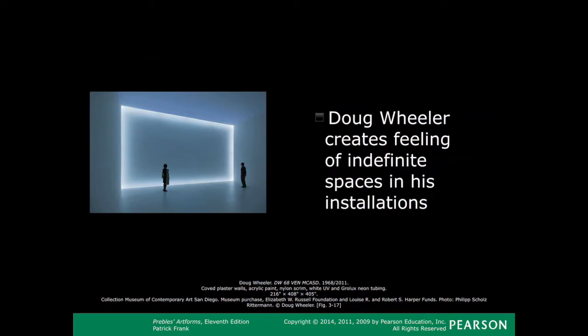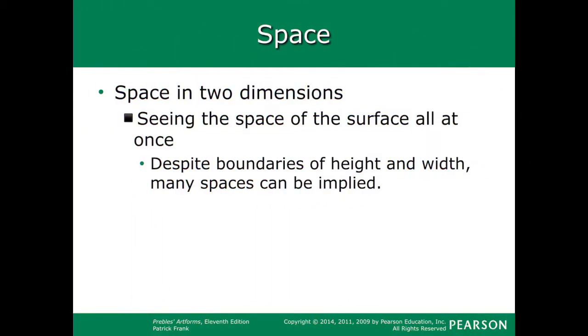And it creates a very infinite space, a very quiet space, a very calming space, and you can imagine being in this area and really having the artist bring us to a different type of feeling. And that's why space is so important when it comes to these visual elements.